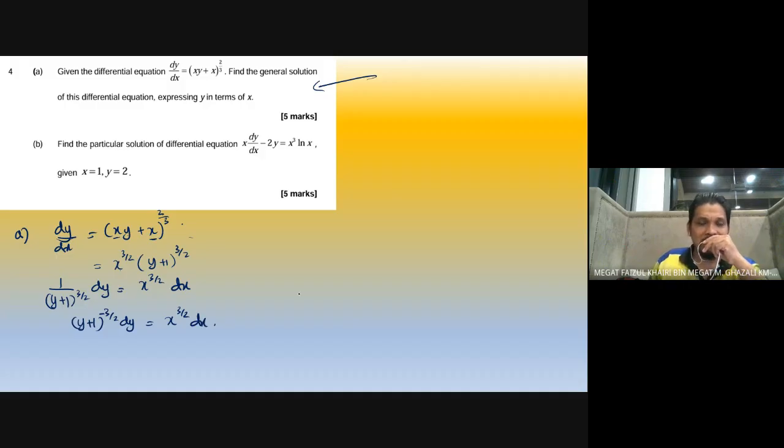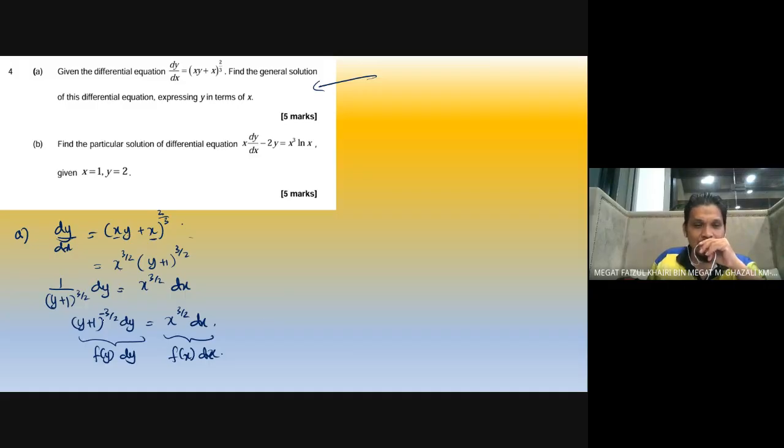So now class, this question for A using separable variables. Separate the variables. So look at this. This is the half of f(y) dy, and this is the half of f(x) dx. Before we continue with the process of integration, do you find any x left here?